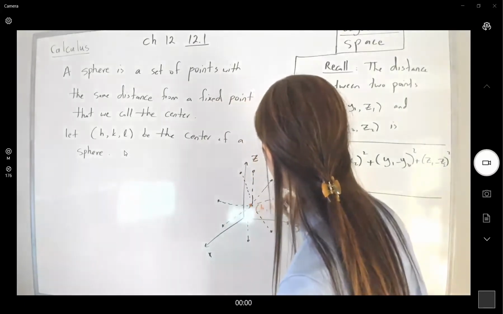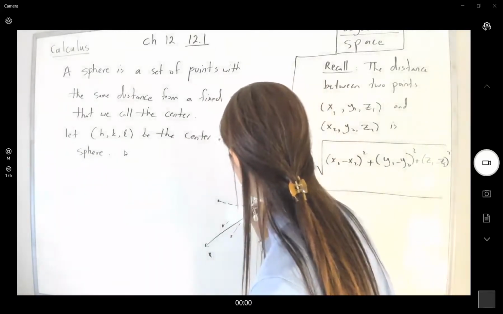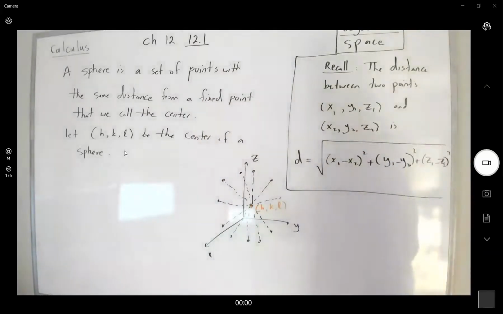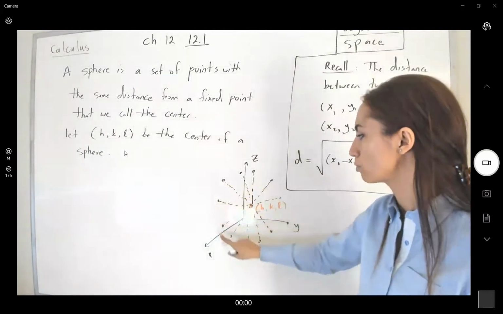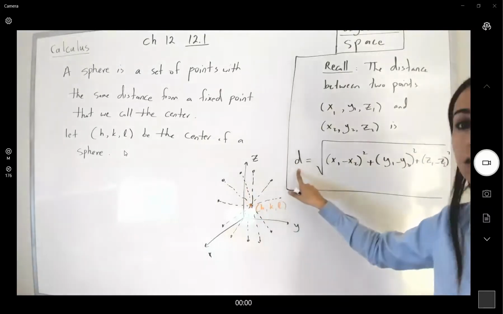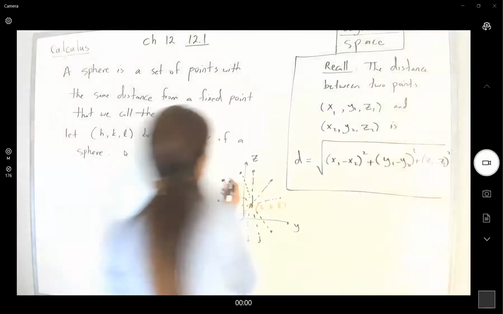You have tons of different points in the space with the same distance. This point, this point, this point, and the rest of them have the same distance. So this distance is fixed. Take a random point.